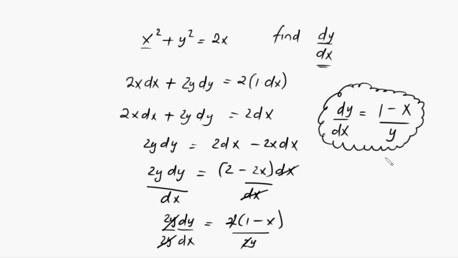So I could have done kizamani, okay? Kwa mtu ambaye hajasoma differentiation of implicit function, angepewa hii function x squared plus y squared is equal to 2x, afu kaambiwa find dy dx, angefanyaje? Angemake y the subject, ingekuwa ni y squared is equal to 2x minus x squared.